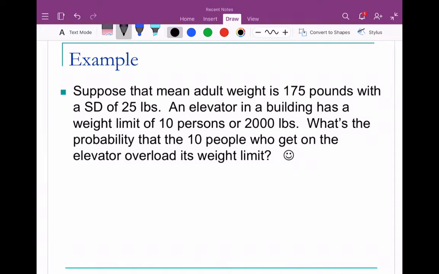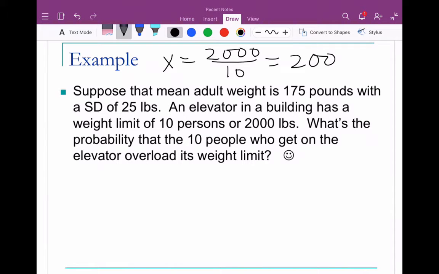Well, if the elevator can hold 10 people or 2,000 pounds, that means that on average, each person could weigh 2,000 divided by 10 or 200 pounds. What we're really looking for here is what's the probability that the average weight on the elevator is above 200 pounds per person.